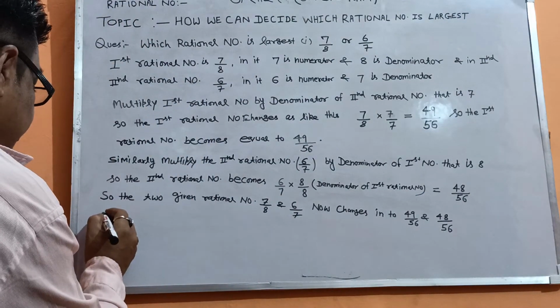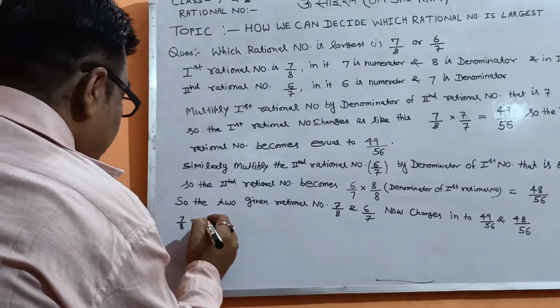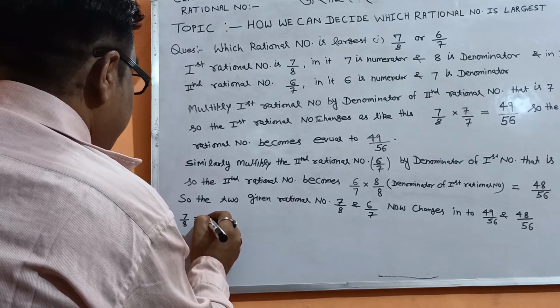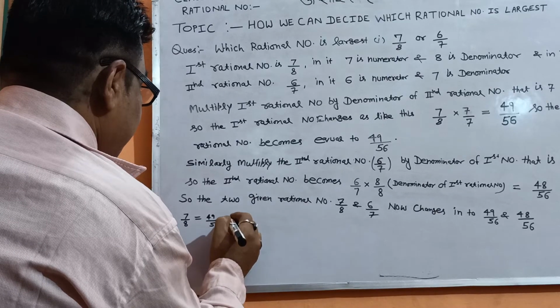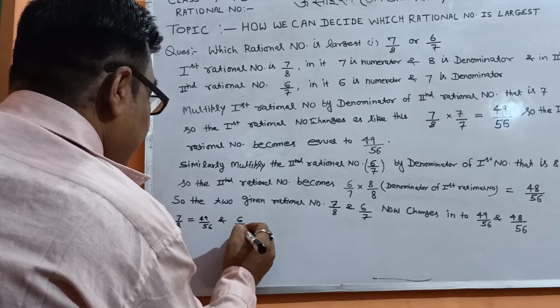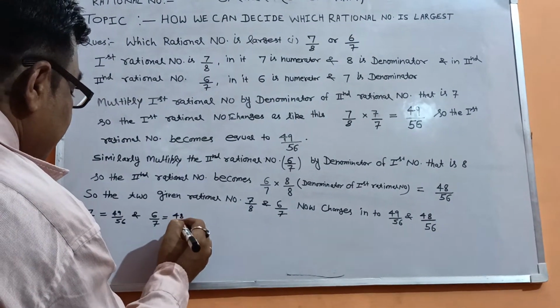It means 7 by 8 is equal to 49 by 56 and 6 by 7 is equal to 48 by 56.